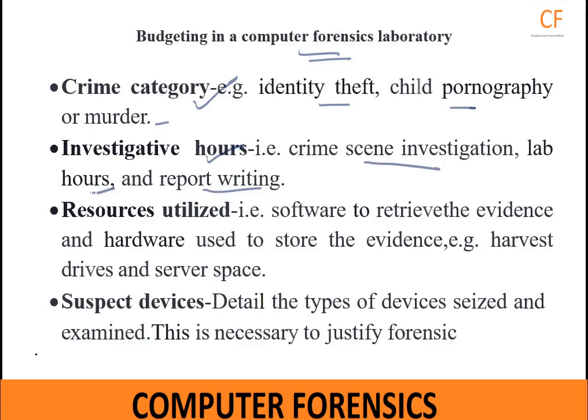Resources utilized, that is software to retrieve the evidence and hardware used to store the evidence, for example hard drives and server space. Suspect devices, which detail the type of devices seized and examined. This is necessary to justify forensic software and hardware purchases and maintenance fees.